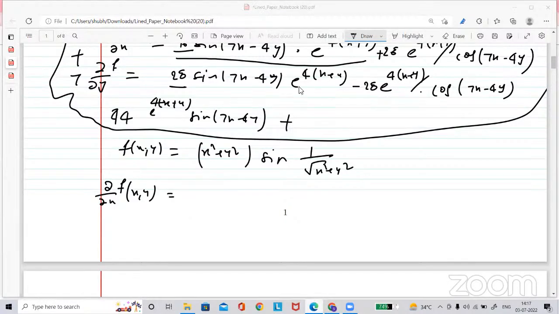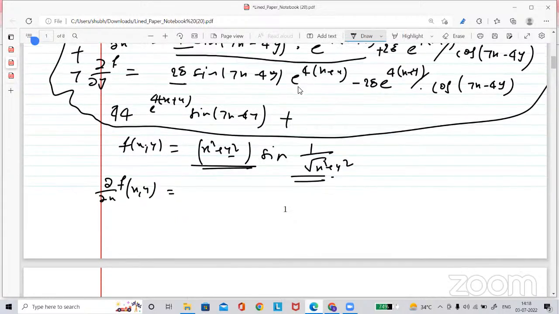Santosh is asking about the syllabus. The syllabus is still week 8, from week 1 to week 8 for quiz 2. So let's assume, as we did for the previous question, this is the first function. Sir, should we remember all the trigonometric derivatives?